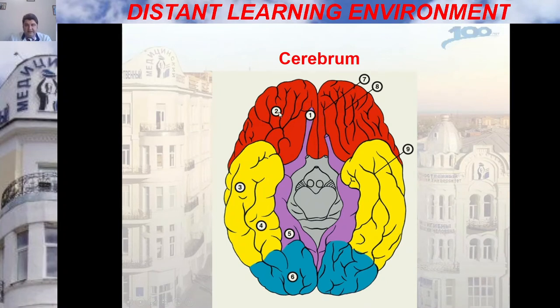You may see that they are inconstant here. So the orbital gyri can be regarded as a continuation of the middle and inferior frontal gyri.